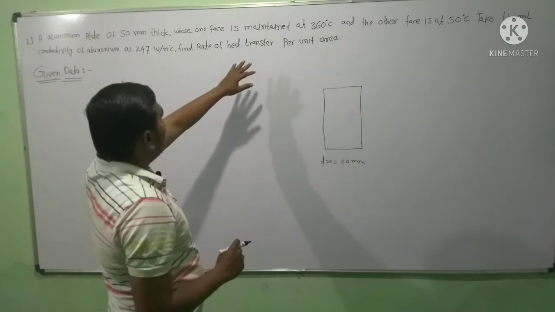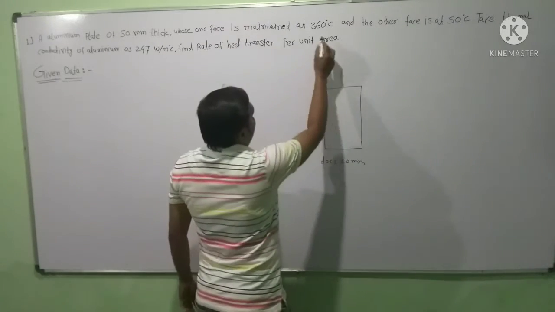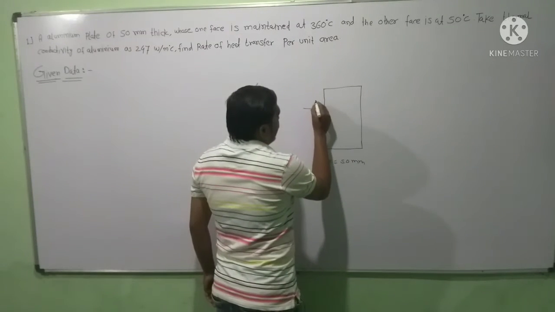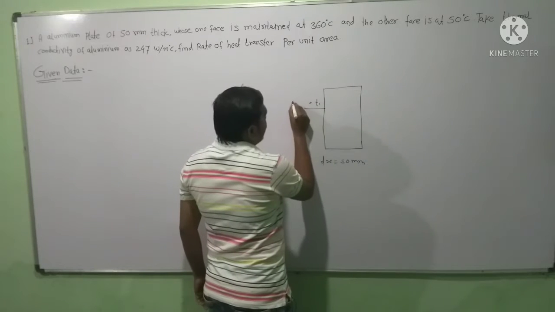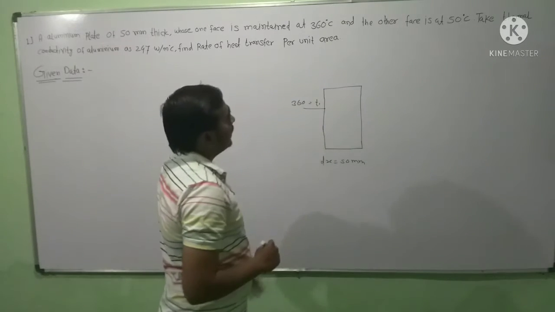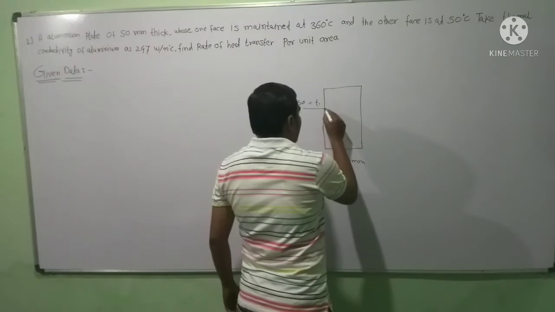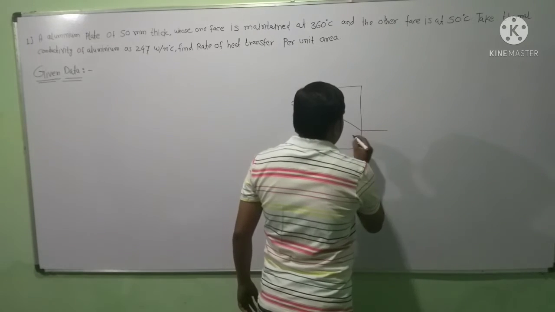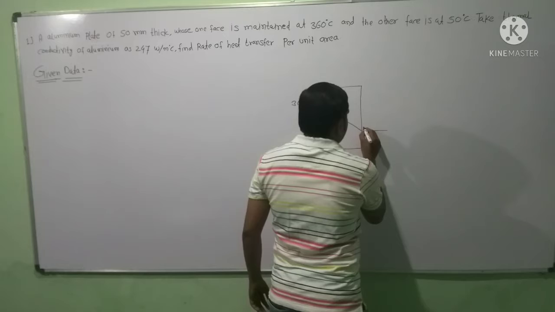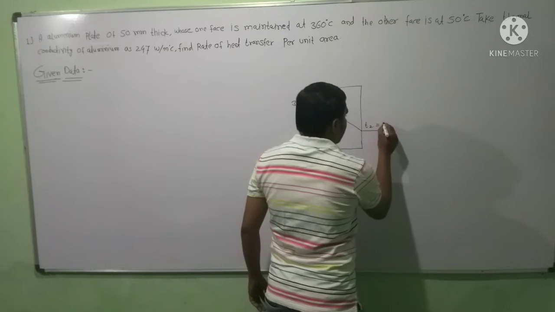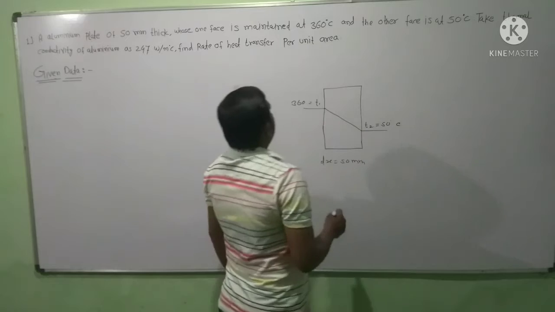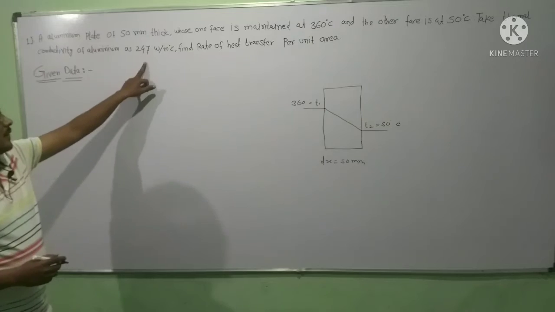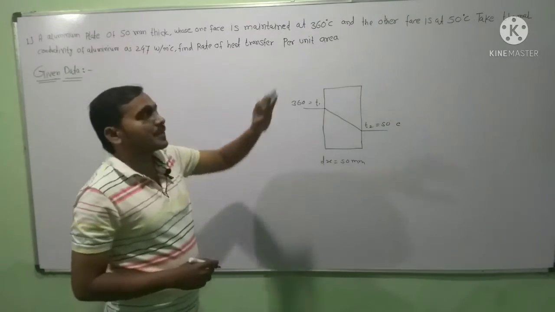One face, this temperature T1, is maintained at 360 degrees Celsius, and the other face is at 50 degrees Celsius. You can observe here the rate of heat transfer is flowing from higher temperature to lower temperature. This is your T2 equals 50 degrees Celsius. The thermal conductivity is given as 247 watt per meter degree Celsius. Find the rate of heat transfer Q.